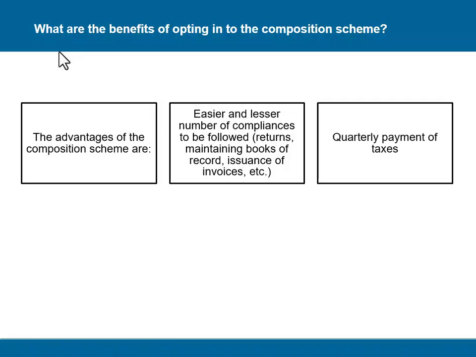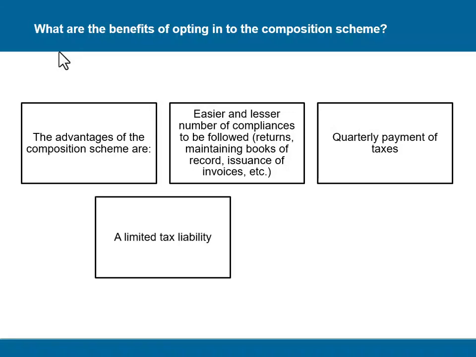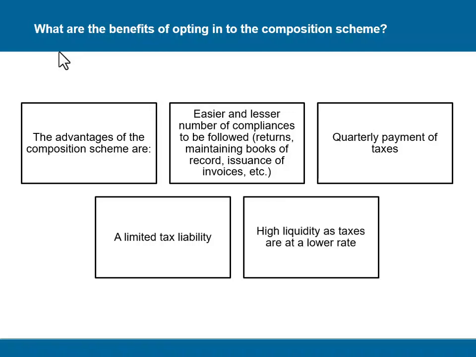Quarterly payment of taxes. He can pay the tax on a quarterly basis instead of monthly basis. Okay, we'll talk about the monthly basis में कितने दिन के बाद pay करते हैं. We'll come to that. A limited tax liability. There is a limited tax liability, but what percentage will come? Because for each category of business, it's separate. Okay. High liquidity as taxes are at a lower rate. So he pays a lower tax rate.